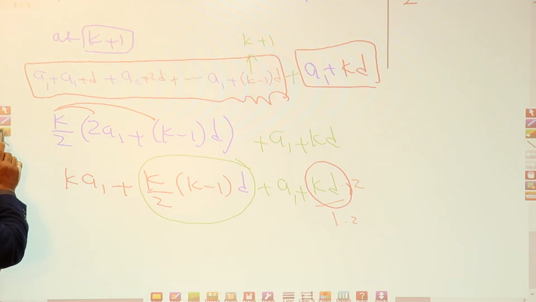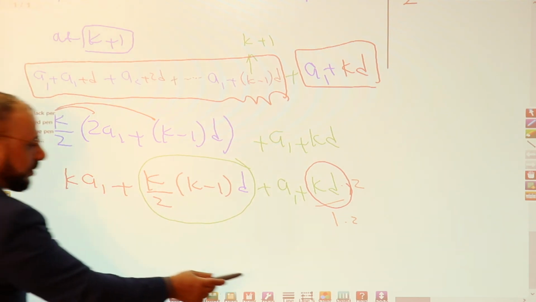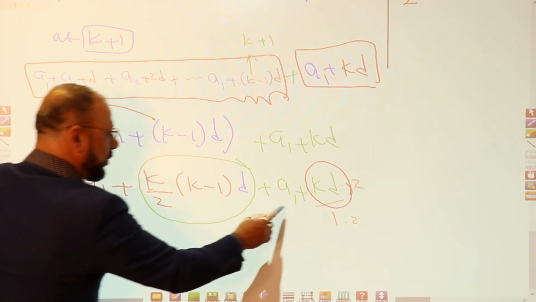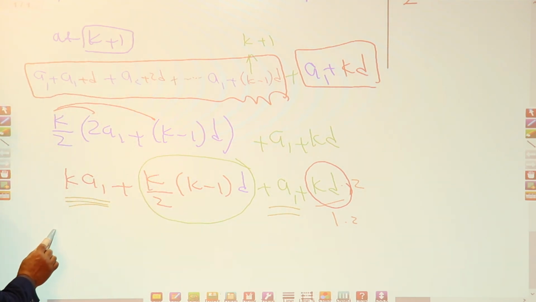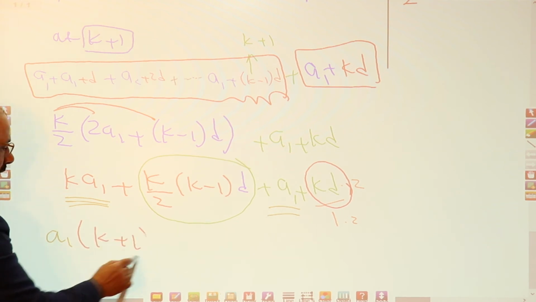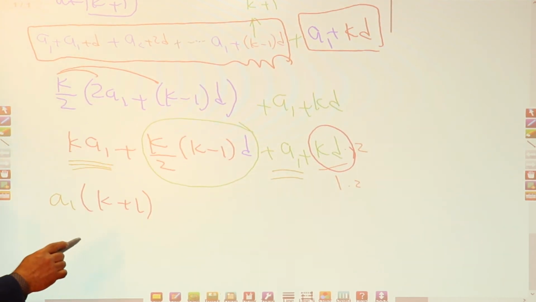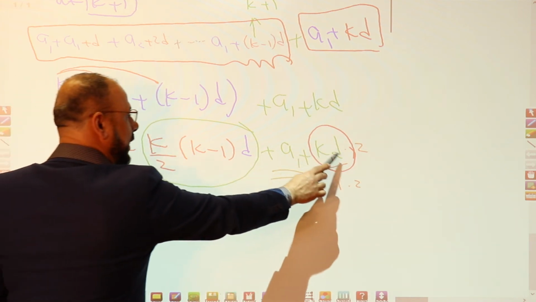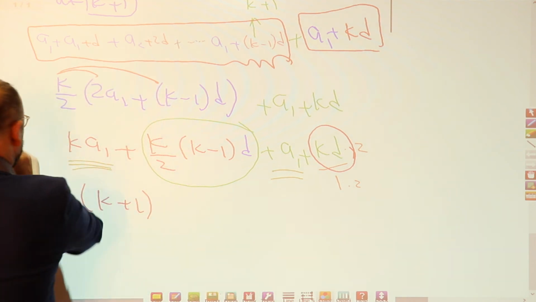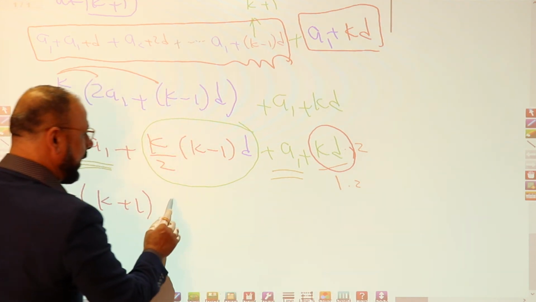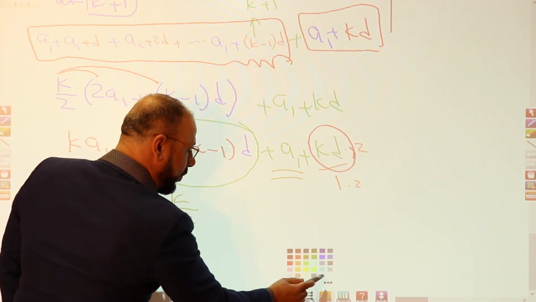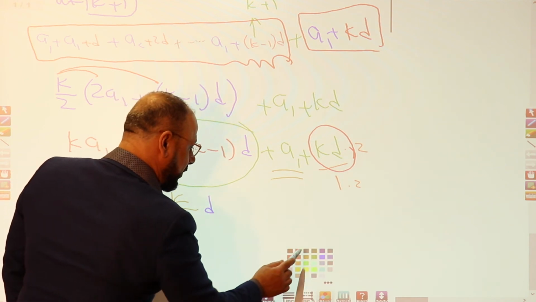Let me look at this term and this term in this color. What we have, a1 as a common factor, we have k plus 1. This is hard to prove, but I need you to understand it. And between this term and this term, the one I circled, I'm going to take k over 2 plus d, you see the d, the blue one, as a common factor.